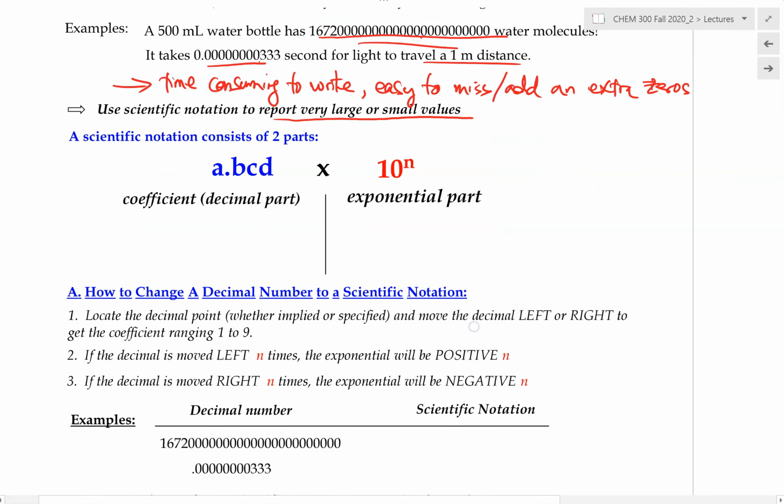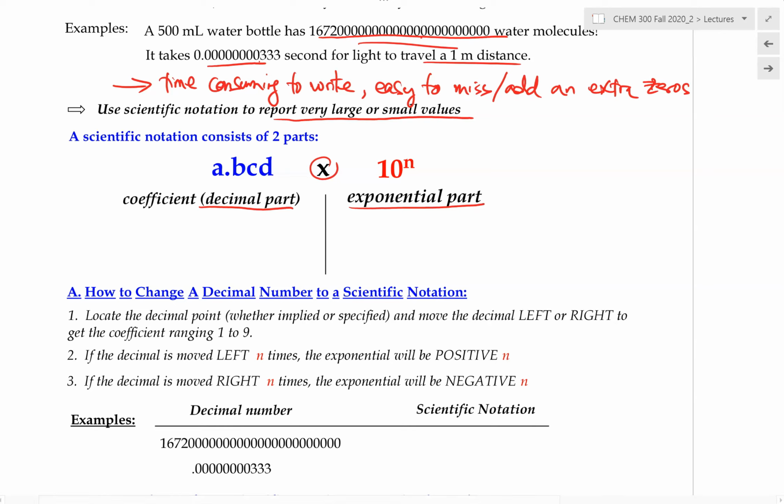Scientific notation consists of two parts. One part is called the coefficient part, also referred to as the decimal part. In this case I'm using A.B.C.D, and A.B.C.D here would be values. It is followed by this multiplication sign, and then the other part is 10 to the n, which is referred to as the exponential part. So two parts describe one value.